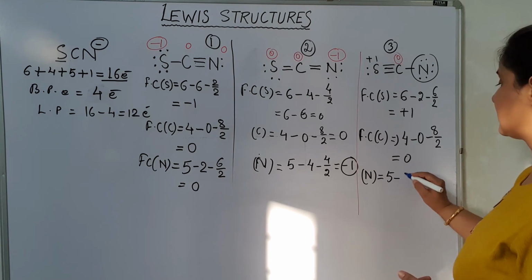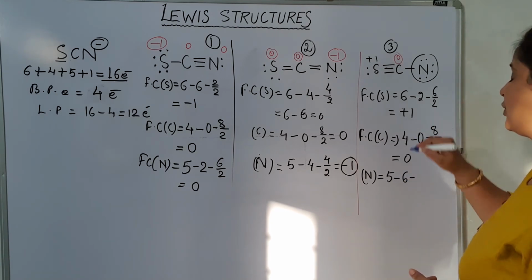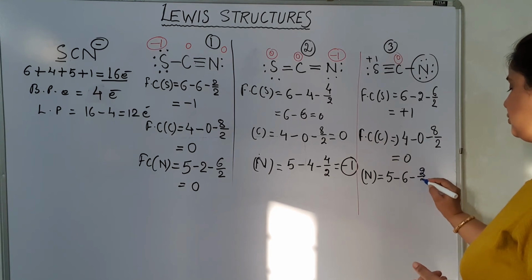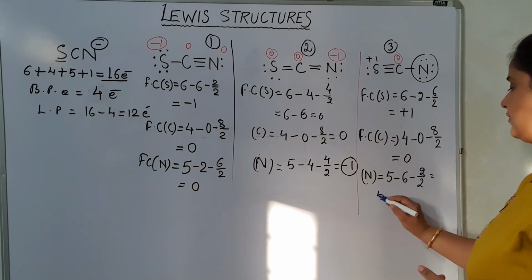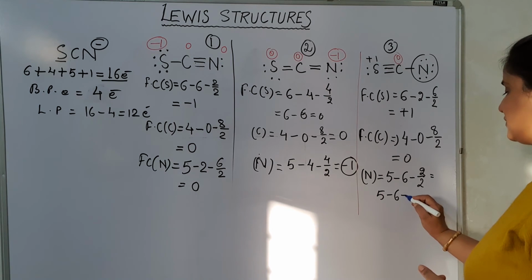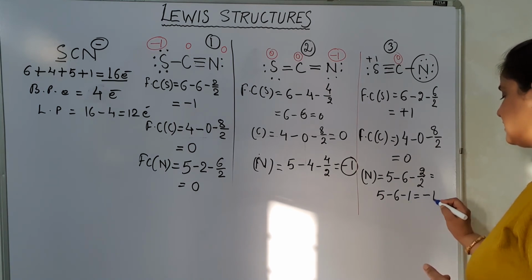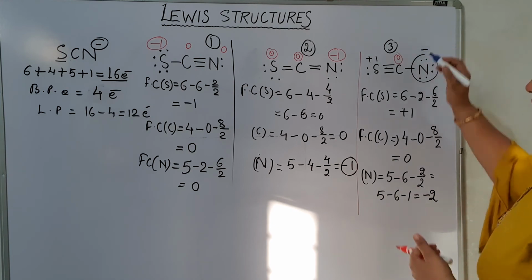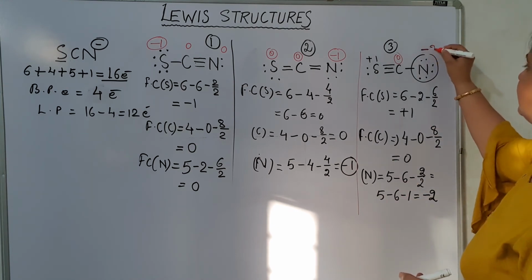How many lone pairs are there? 6. How many bond pairs are there? That is 2 divided by 2. So it becomes 5 minus 6 minus 1. That is minus 1. Minus 2, sorry. So this becomes minus 2.